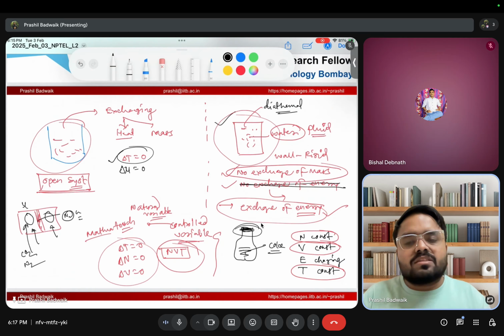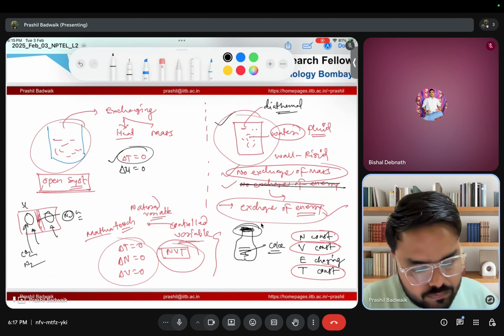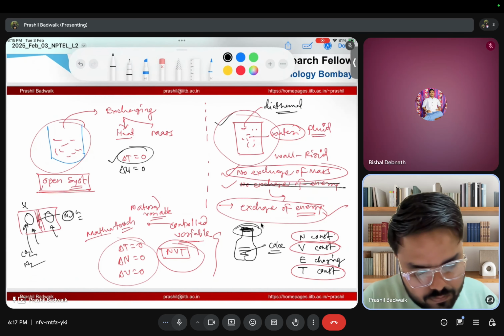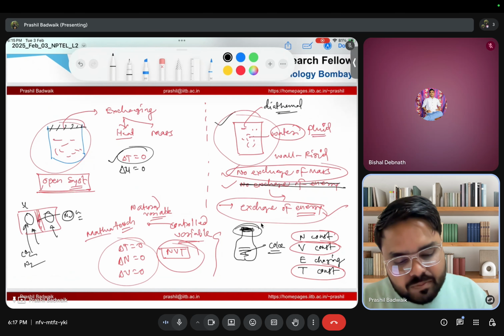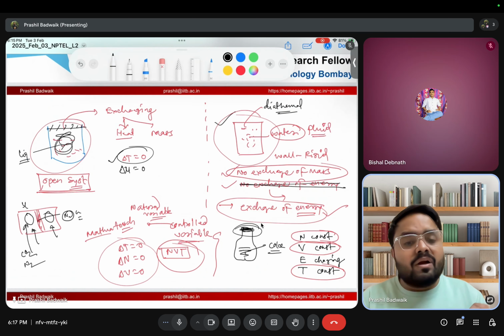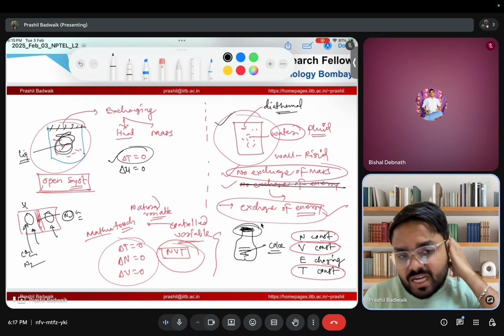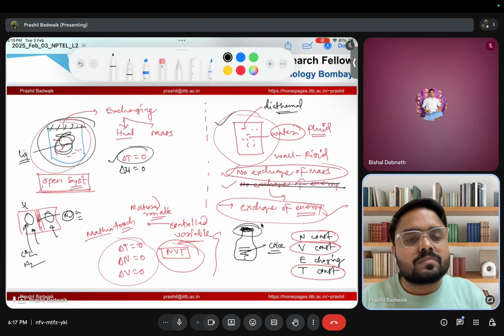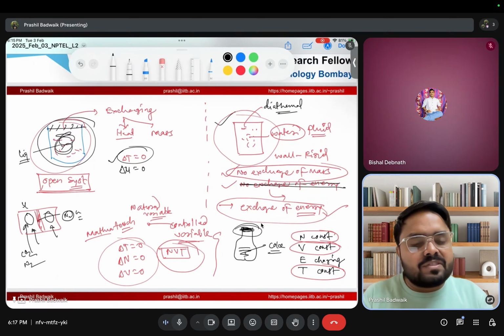And what else is constant? The material that is present. For example, if it is liquid, material exchange is happening, right? This is my system. Is the volume of the system changing?